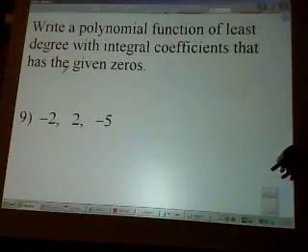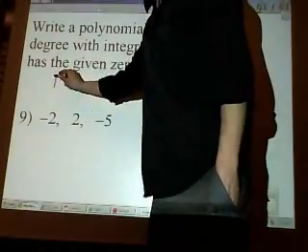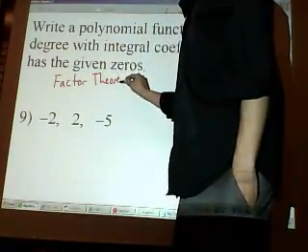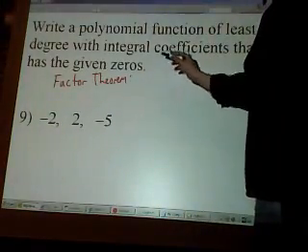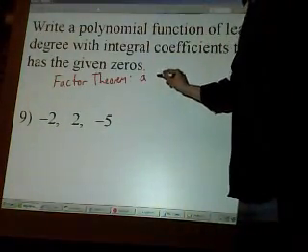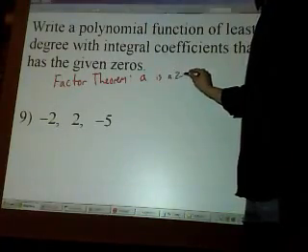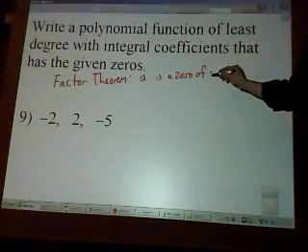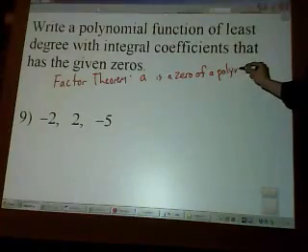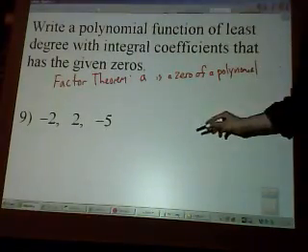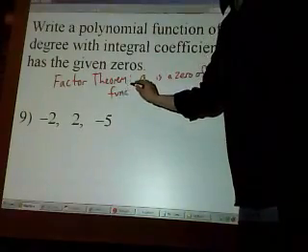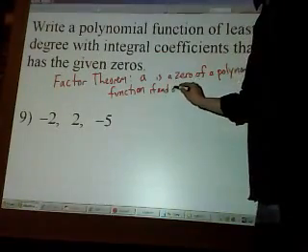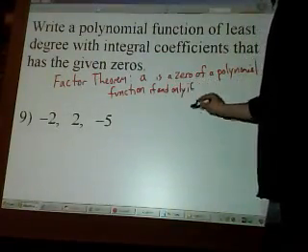The basic idea goes back to the factor theorem, okay? So really, I cannot emphasize enough how important this theorem is. The factor theorem: a is a zero of a polynomial function if and only if, so this is going both ways, all right?